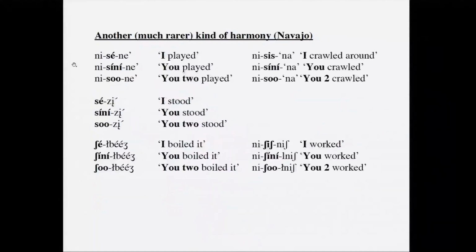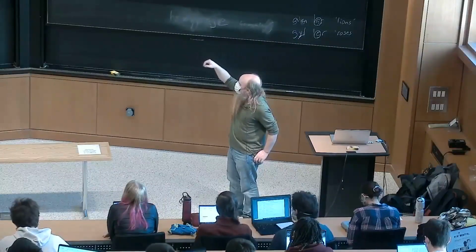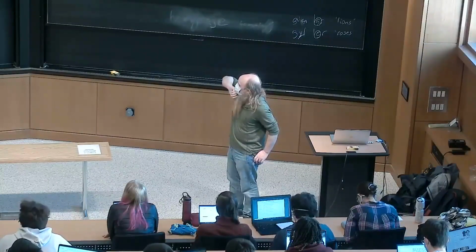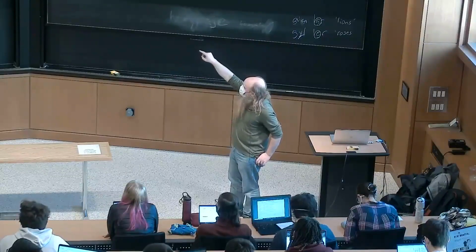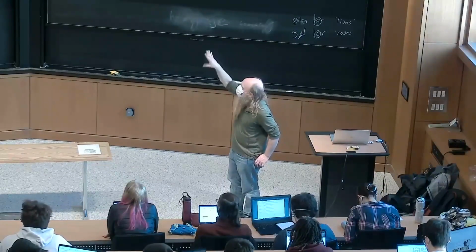sibilant harmony. What's going on here, and here's another example of it. You get se, sini, and sol for played and stood and crawled around, but she, shini, and shol for boiled and worked. The relevant difference between boil and work on the one hand and play, crawl around, and stand on the other is that boil and work have in the verb a sibilant, which is post-alveolar.